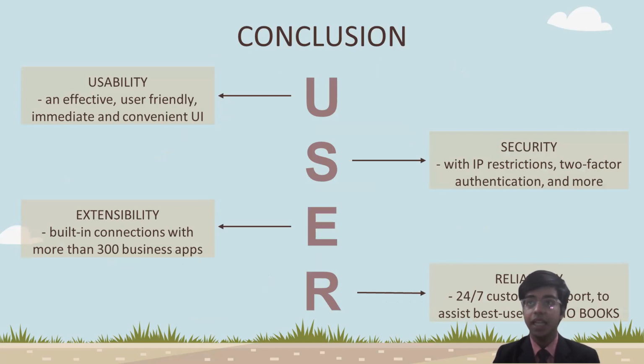By extensibility, it means that Zoho can import and export data across over 300 business apps. This allows users to use it in compliance with various other business apps. By reliability, it means that Zoho provides 24/7 customer support, which assists in the best use of Zoho Books.